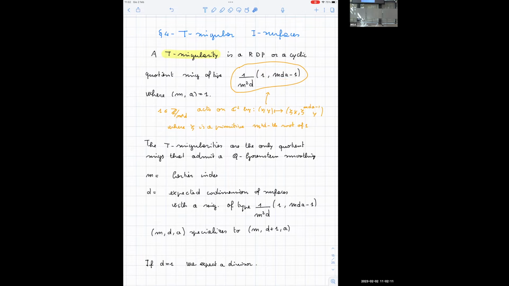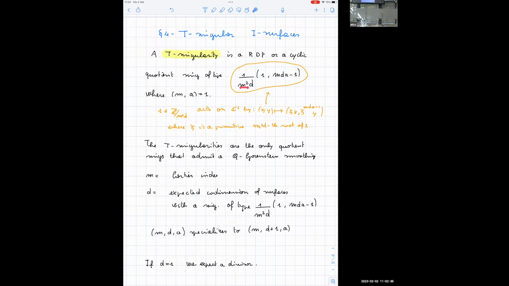eigenvalue. Why these singularities? Because these are the only quotient singularities, apart from canonical singularities, that locally admit a QGorenstein smoothing. So, of course, if you are interested in smoothable surfaces, you better start with something that is at least locally smoothable.